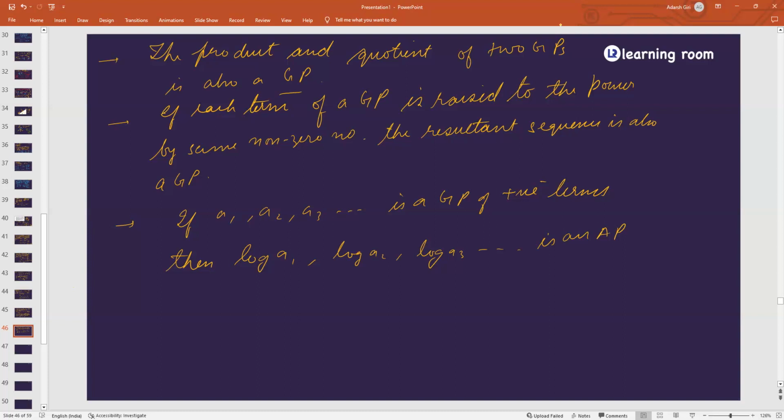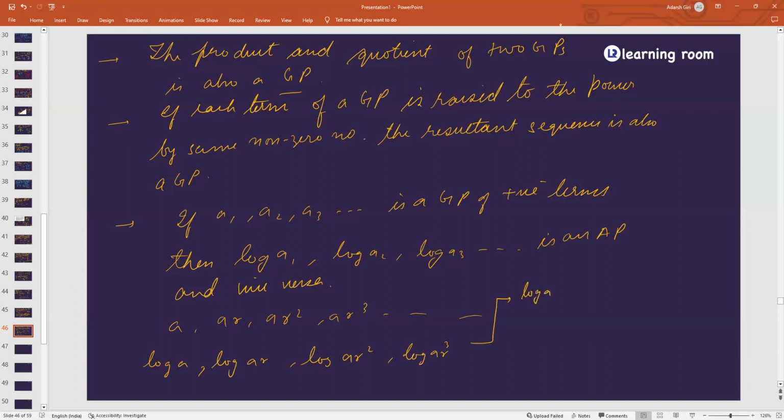See, if I take a sequence A, AR, AR square, AR cube, and so on, and if I take log of them, log A, log AR, log AR square, log AR cube. Can you write this log value as log of A plus log of R? You know the properties of log? Do you know the properties of log?